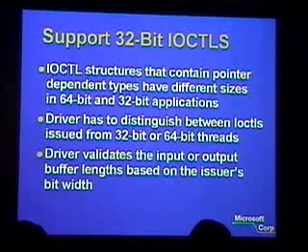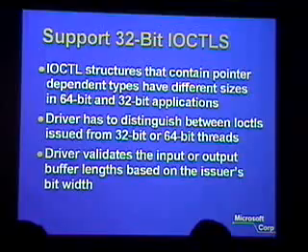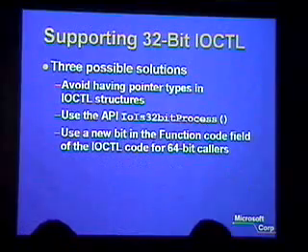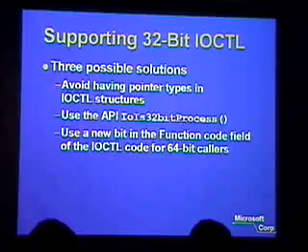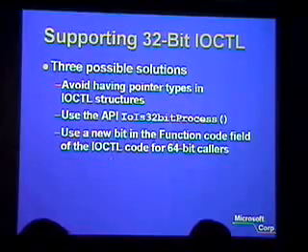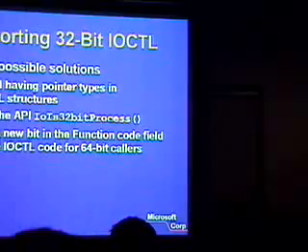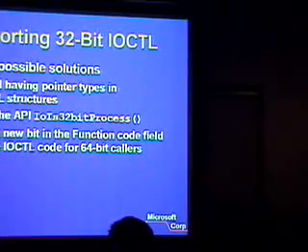There are several methods of distinguishing who the caller is, and there are 3 ways of doing it. The first method is to actually avoid any pointer-precision types at all in your structures. This may be hard to do if you have binary compatibility or other issues. The second method is to use the API IoIs32bitProcess.